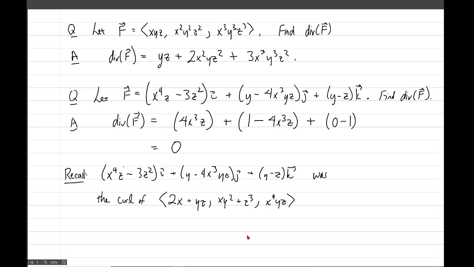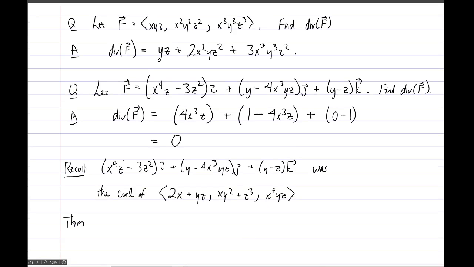Now the point is that there's a theorem that, again, we're not going to prove, but we actually just saw an example of it, and it looks like this. For any vector field F, the divergence of the curl of the vector field is always going to equal the 0 scalar.